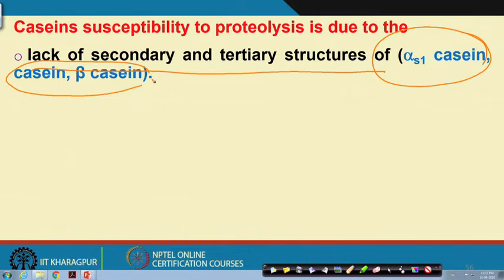We have not only alpha S1 but also alpha S2, but it is alpha S1 casein and beta casein that lack secondary and tertiary structure. That is why the proteolysis of casein is possible, right.